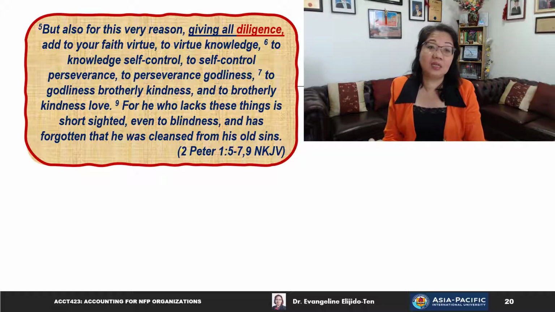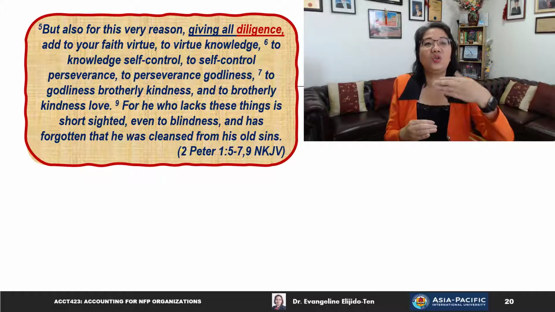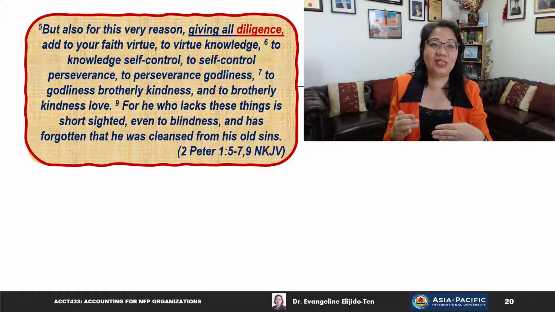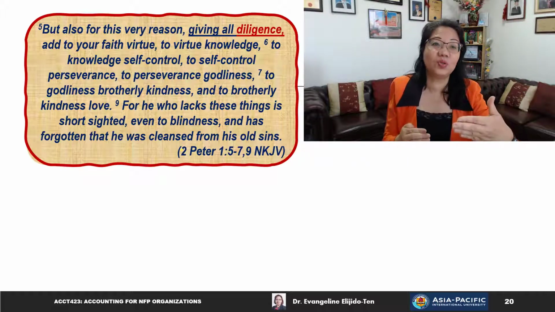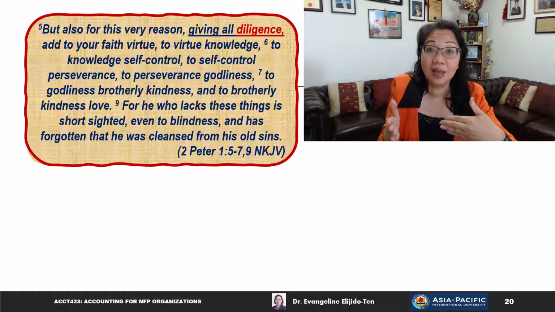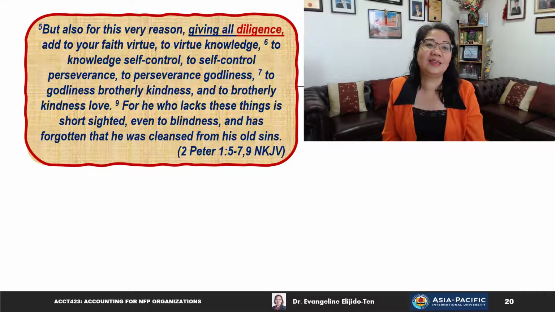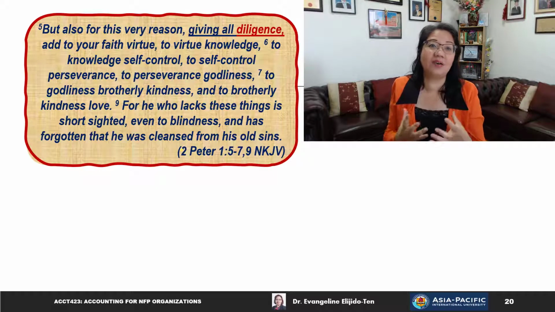In 2 Peter chapter 1, verses 5 to 7 and 9, he says, "But also for this very reason, giving all diligence, add to your faith virtue, to virtue knowledge, to knowledge self-control, to self-control perseverance, to perseverance godliness, and to godliness brotherly kindness, and to brotherly kindness love.